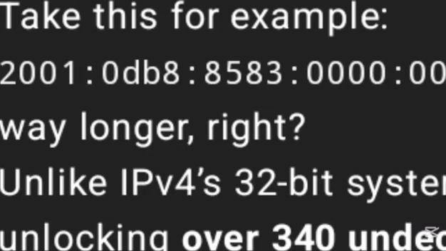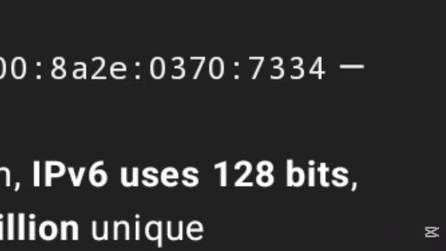IPv6, the future of the internet. That is where IPv6 comes in. It is much longer. For example, 2001:0db8:8583:0000:0000:8828:0370:7334. IPv6 uses 128 bits. That's crazy.